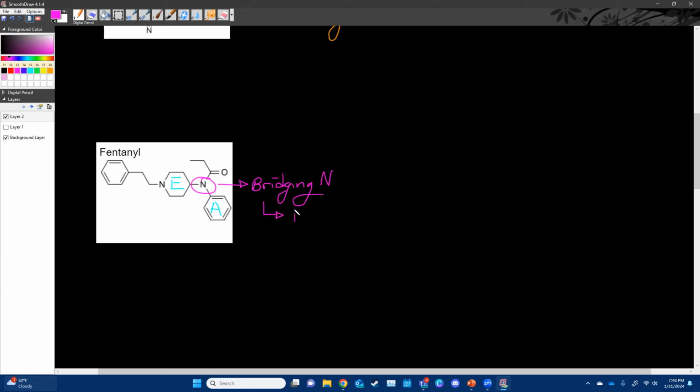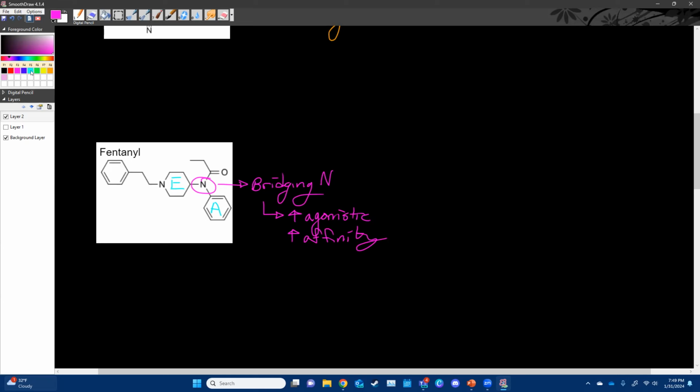What this does is that we increase activity as well as affinity hugely. So because of this nitrogen here, fentanyl has a ton of agonist activity.